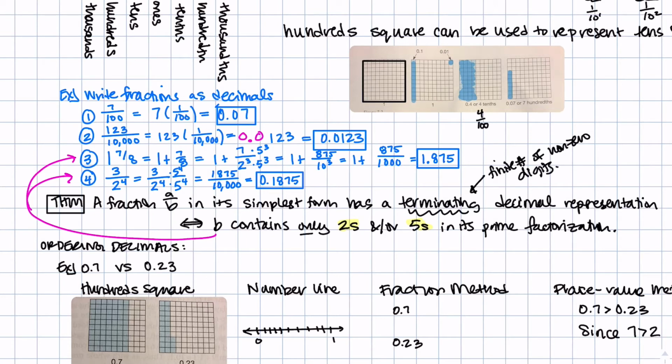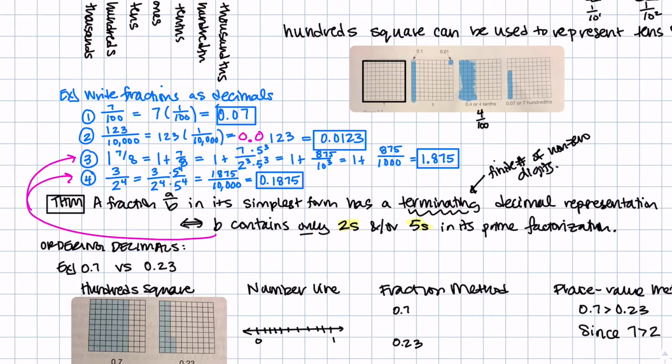This theorem says also that things go the other way. It says if you have a terminating decimal representation, then you can write your fraction with only 2's or 5's, powers of 2's or 5's, in the denominator, which seems maybe not super important, I guess.